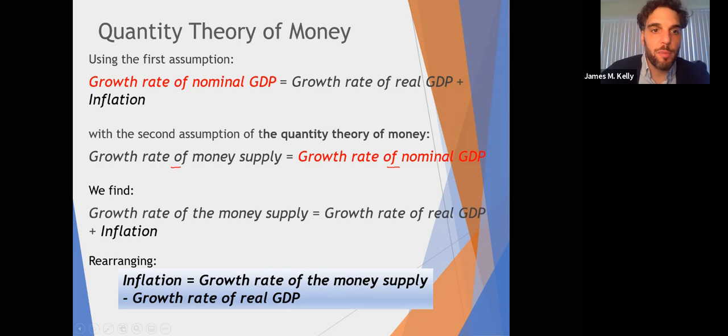And so replacing the growth rate of nominal GDP with the growth rate of the money supply, we find that when we rearrange, inflation is going to be equal to the difference between the growth rate of the money supply and the growth rate of real GDP.